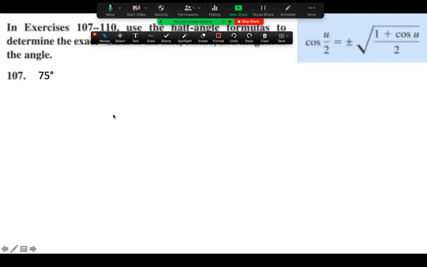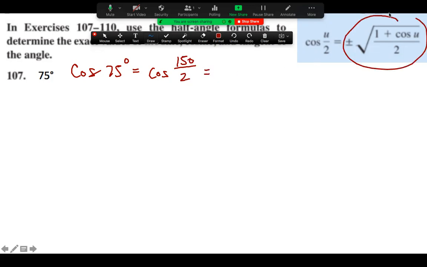All right, so now we're going to find the cosine of 75 degrees. Using likewise thinking, cosine of 75 degrees is not on the unit circle. So I say, okay, 75 degrees, you're the same as 150 divided by 2. That's a fair trade. We're going to use this formula here, which is the square root of 1 plus cosine u over 2.